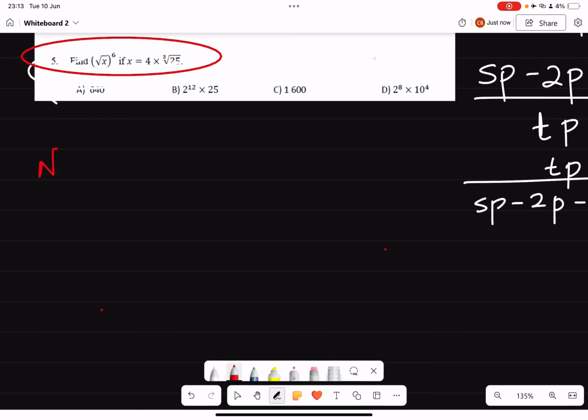We want to find the square root of x, all to the power 6. I am firstly going to simplify this. Remember, square root of x is basically x to the power of half, because there's a hidden 2 here, there's a 1 there. Then times 6 outside, which is x to the power 3, because this multiplied by that gives us 3.